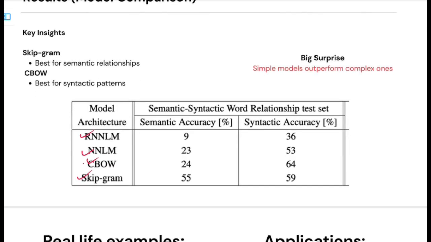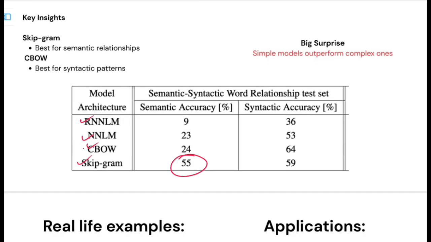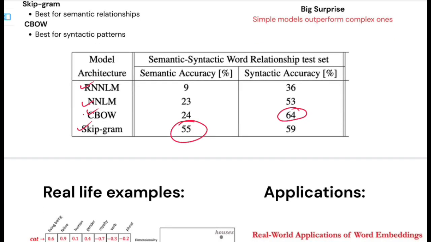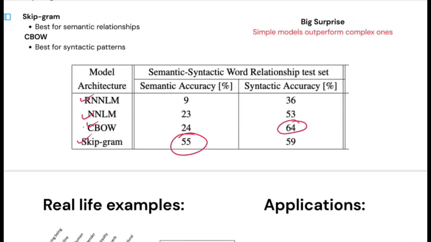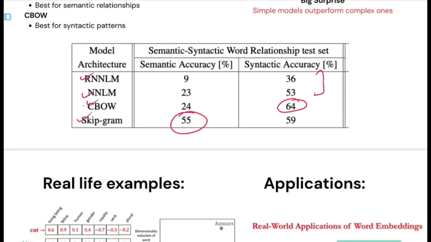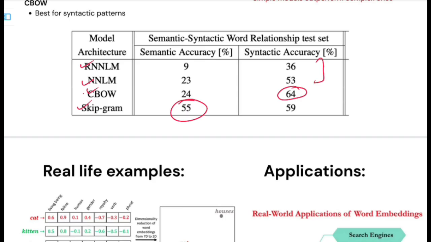The skipgram model performed best on semantics, things like countries, capitals, and analogies, while the CBOW model performs best on syntactic tasks such as grammar and word forms. But the most important takeaway is that both CBOW and skipgram outperform the more complex neural models like RNNLM and NNLM, and they do this while being much faster.